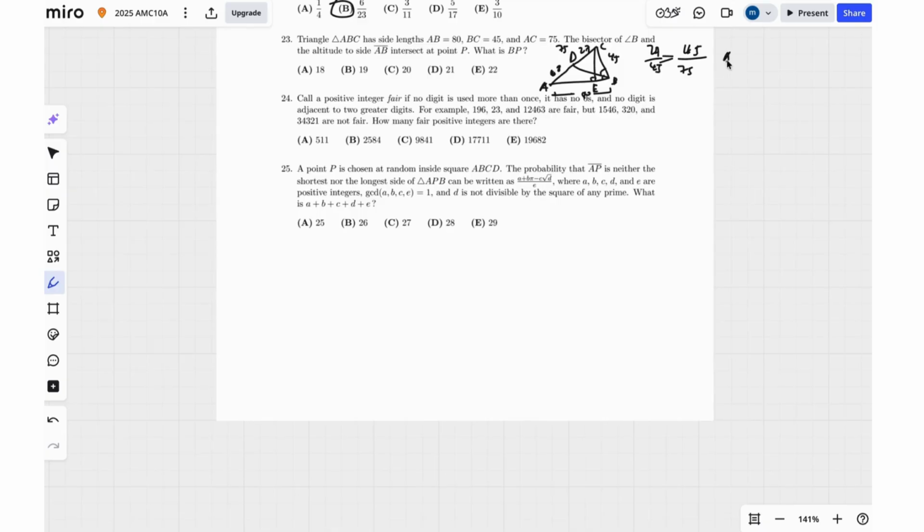So this means that triangles CDB and CBA are similar. So that means that this angle is also equal to this angle. So we have BD equals 48. Next, we have AE, let's call it X, and then BE Y. So by Pythagorean, we have 75 squared minus X squared equals 45 squared minus Y squared.